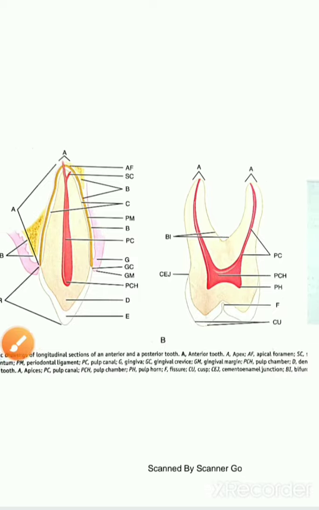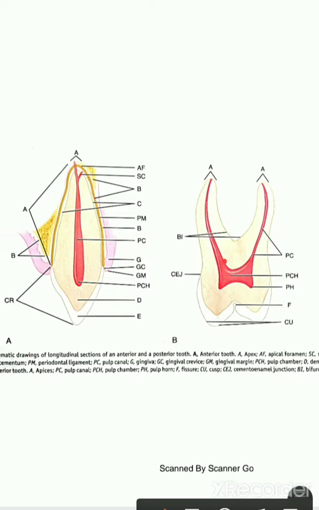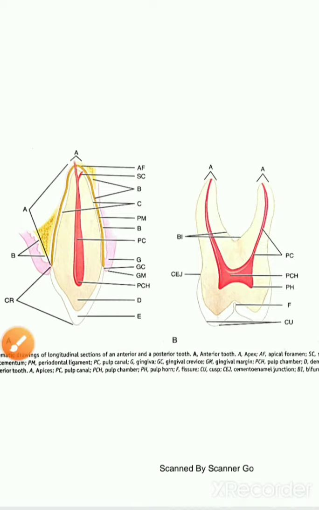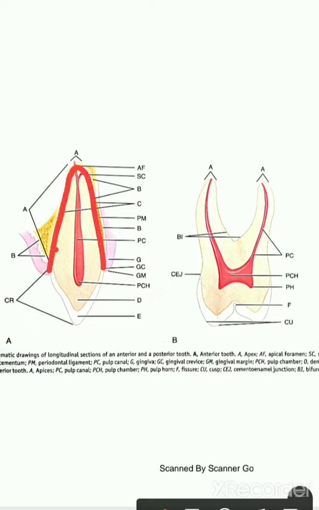Inside we have a pulp chamber and pulp canals, and this is the bifurcation of the roots, with apex. The tooth root is covered by cementum, and through the cementum and periodontal fibers, it is attached to the bone.